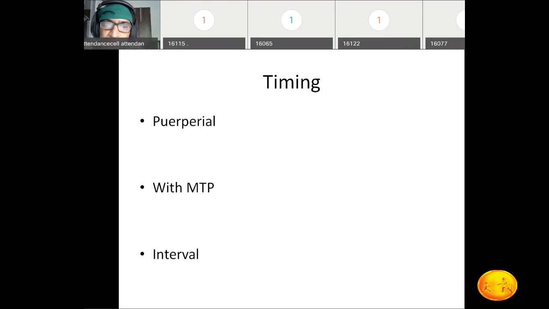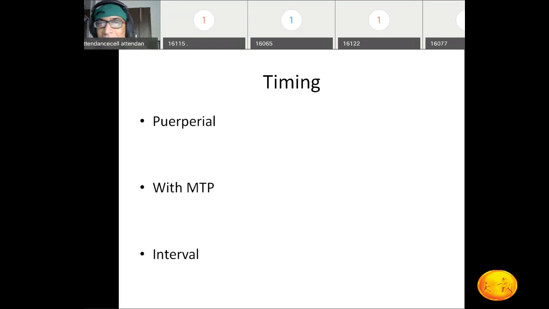So with all those timings, we have to confirm that she is not pregnant. Because if we do the surgery on a pregnant woman, that will be counted as a failure, and that should not happen. That's why we have to take utmost care to choose the patient for a tubal ligation and choose the timing.